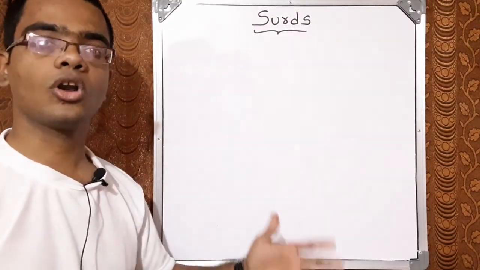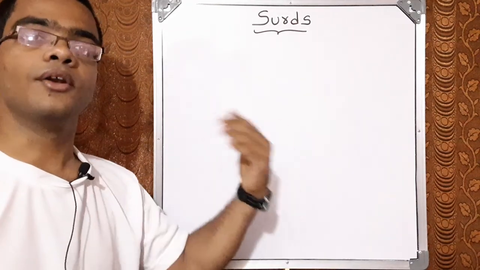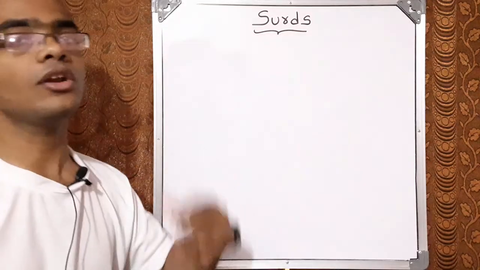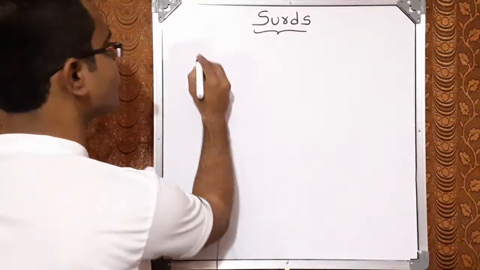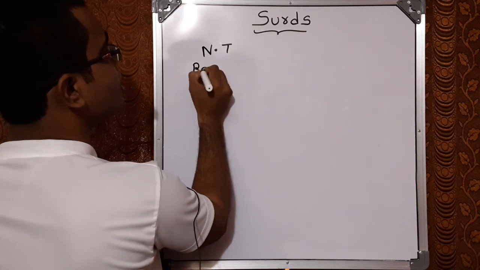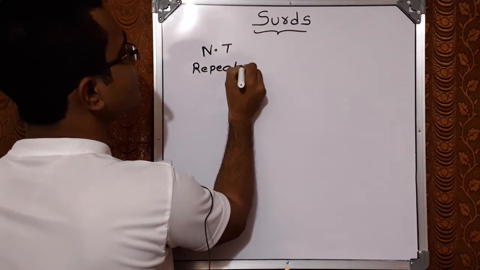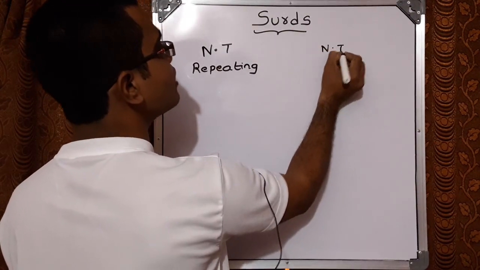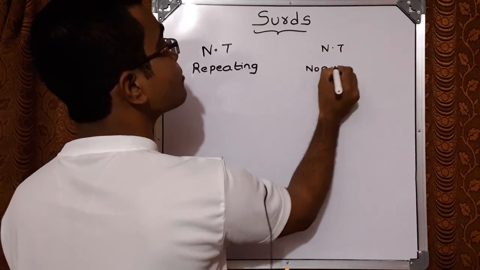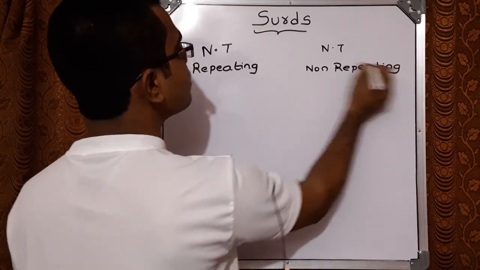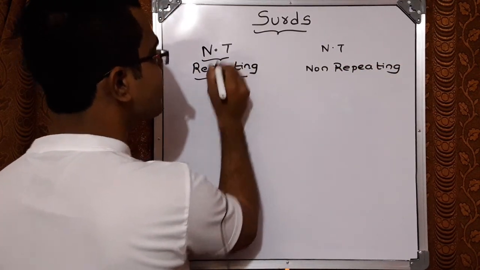Okay students, so now we are going to see examples for non-terminating repeating decimals and non-terminating non-repeating decimals. Non-terminating means no end. I'll give an example for non-terminating repeating.